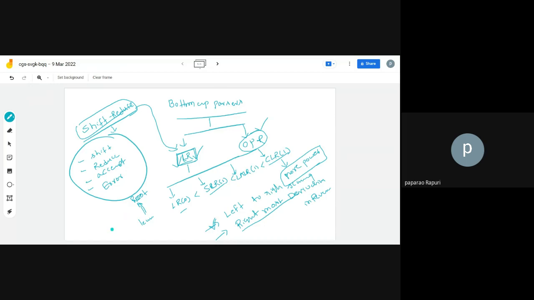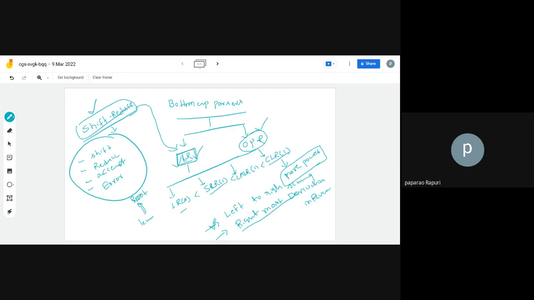That's why we call it rightmost derivation in reverse. Manually finding whether the given string is acceptable by the given grammar by finding handles is somewhat difficult. That's why we moved to shift reduce parsers.